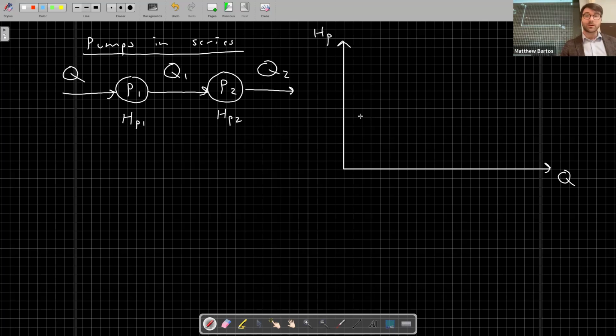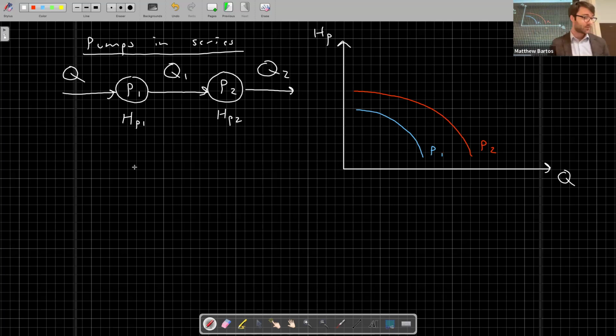Let's say the pump curve for pump one looks like this, and let's say the pump curve for pump two looks like this. So this is P2. This is P1. So you might have pumps with different pump curves that are being added together in series.